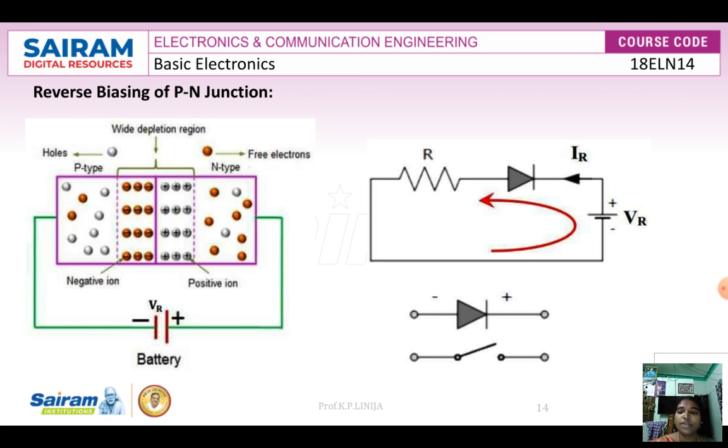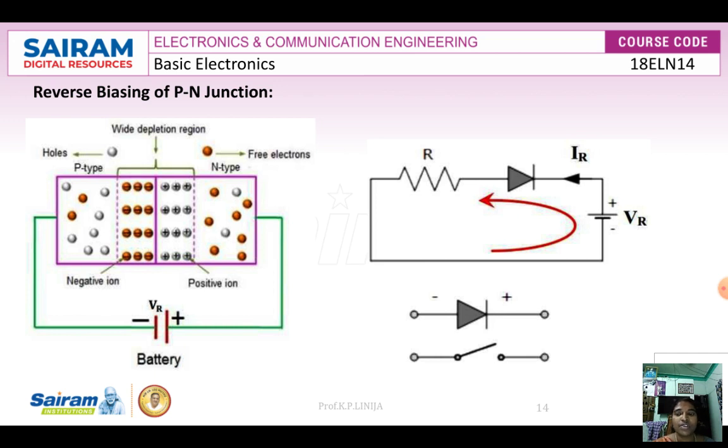Here the positive supply from the battery attracts the electrons, and opposite poles attract each other, so the depletion region formed gets widened.